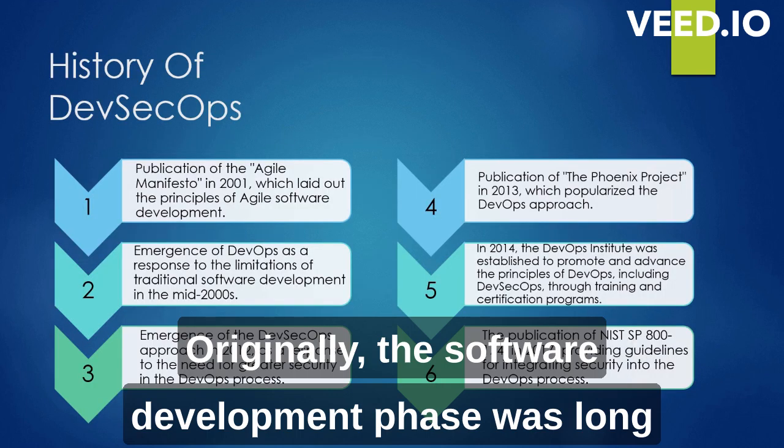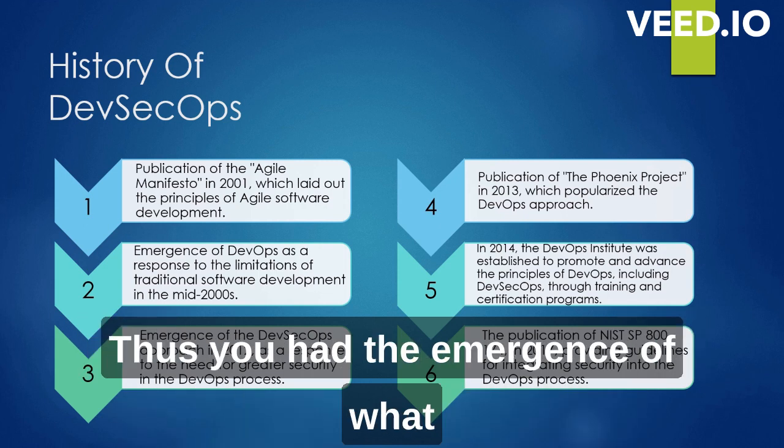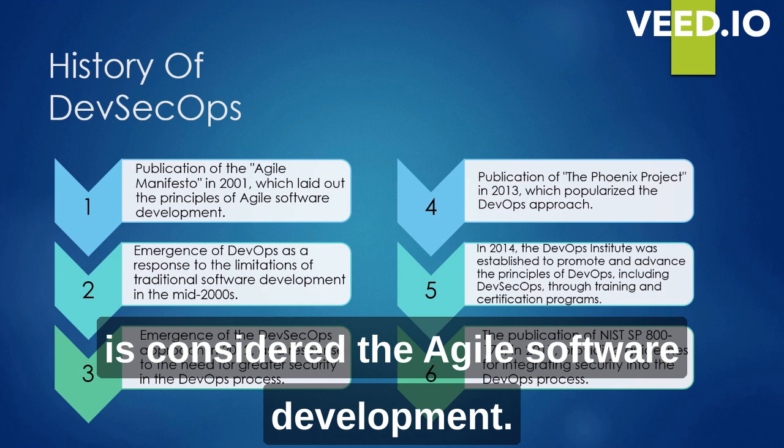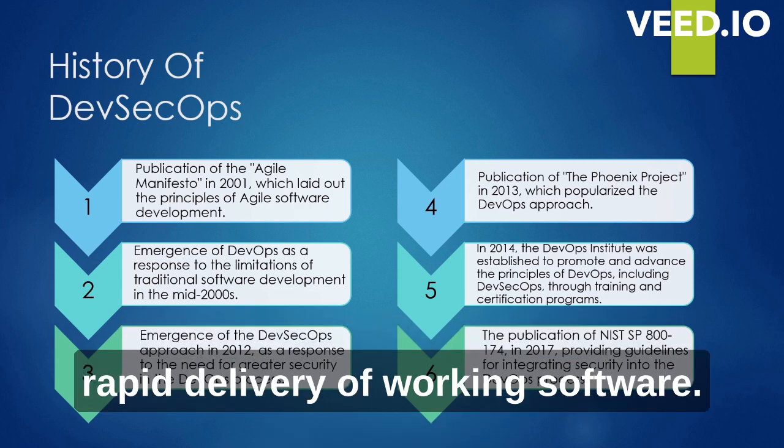Originally, the software development phase was long cycles and a sequential approach to development. Thus, you had the emergence of what is considered Agile software development. Agile promoted collaboration, flexibility, and rapid delivery of working software.